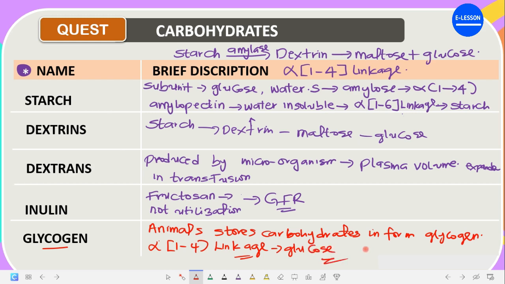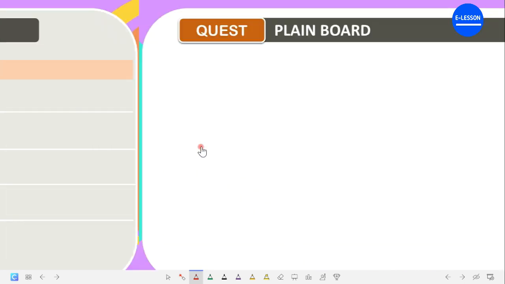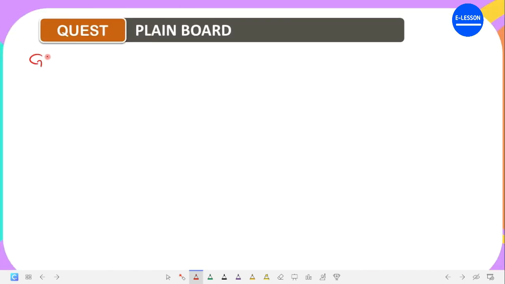Now, I was talking about the process of converting glycogen. Glycogen contains glucose, right? And it is stored in large amounts in the liver, followed by muscle and brain. It's like a reservoir, a storehouse.